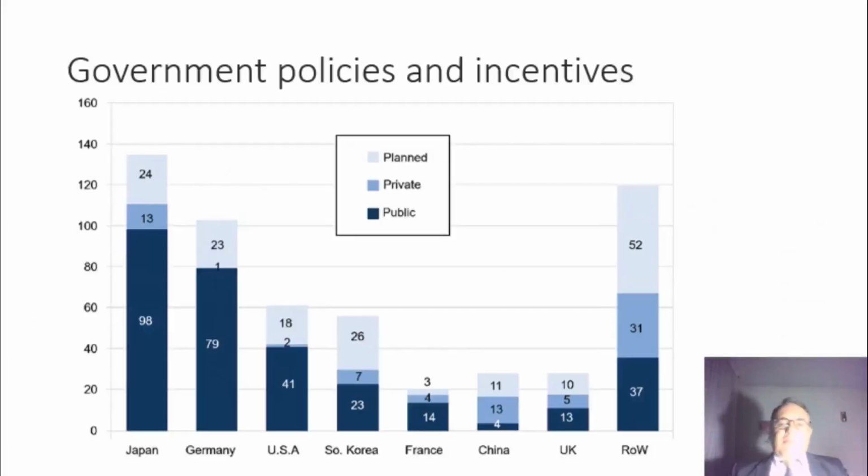Now, again, back to the beginning. A lot of governments nowadays are working on it. For example, you will see at the head of them Japan, next Germany, then US, South Korea, France, China, also UK. Here you will see that they are going to work on changing the policies toward fuel cell technology such as this.